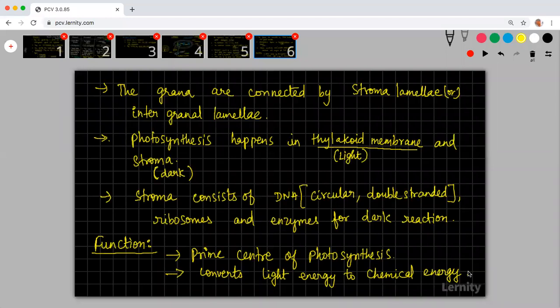You will learn what NADPH and all is in photosynthesis. That is a kind of chemical energy which is produced in photosynthesis. You will study about NADPH in photosynthesis, not now. You will study in detail.